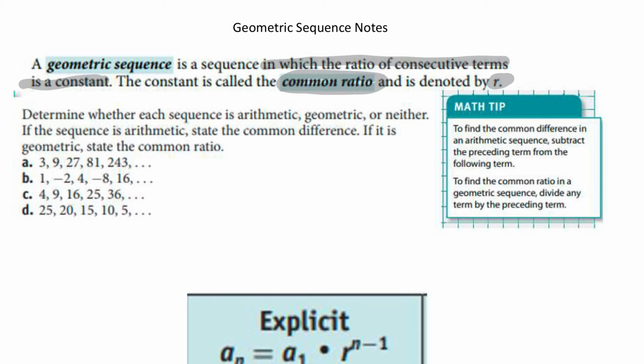All right, so the way we find this is all we need to do is take any two terms in the sequence. a sub 2 divided by a sub 1 is usually a really good place to look. But regardless of which one we choose, if I say a sub 4, then it needs to be divided by a sub 3.